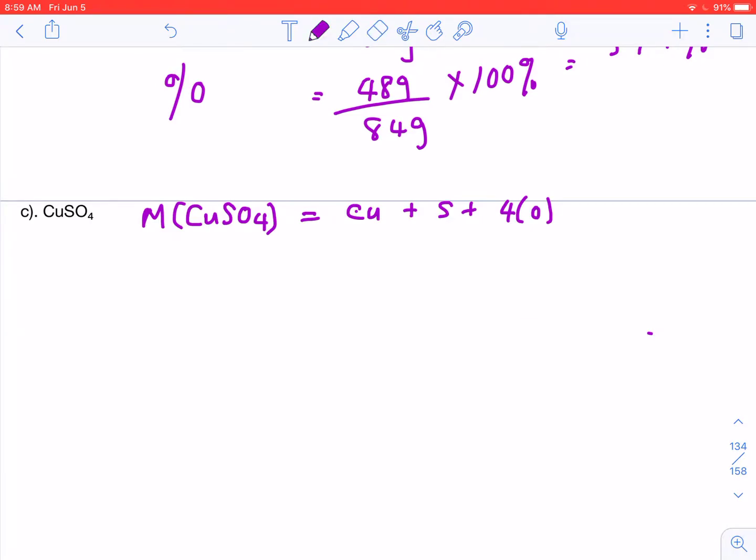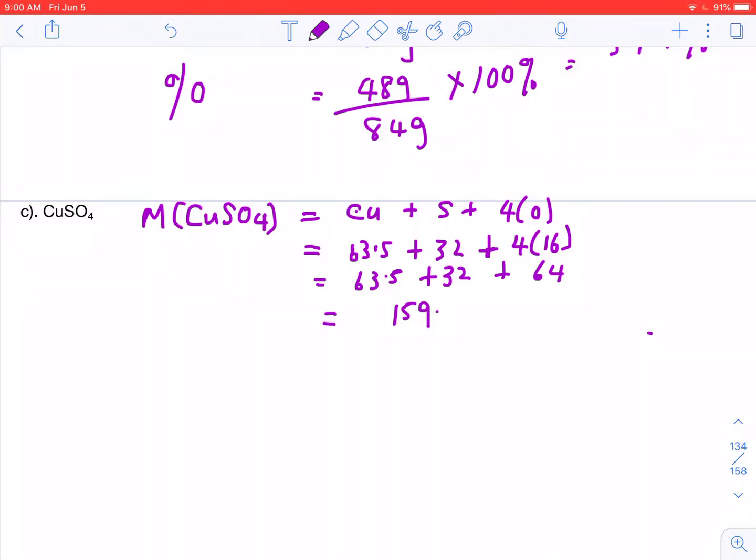Now, we saw copper was 63.5 plus 32 plus 4 times 16, which is equal to 63.5 plus 32 plus 64, which is equal to 159.5 grams per mole.